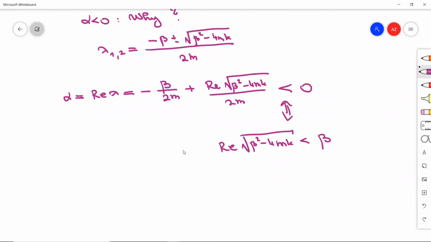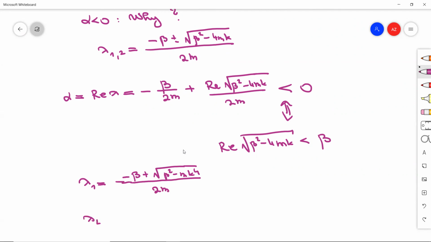It's not that obvious to see, but there is one trick with which we can see this more easily. So lambda 1 is (-beta + square root of beta squared - 4mk) over 2m.